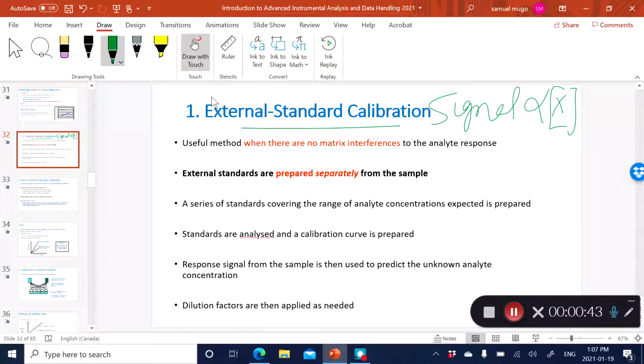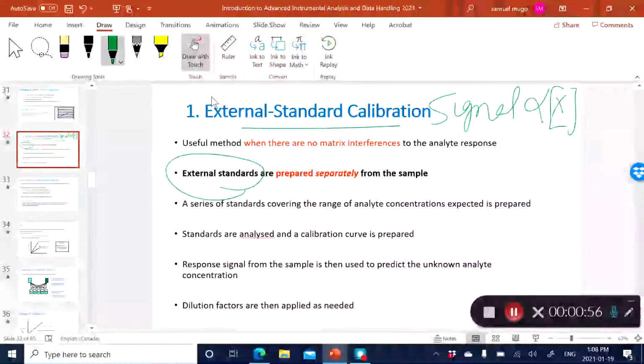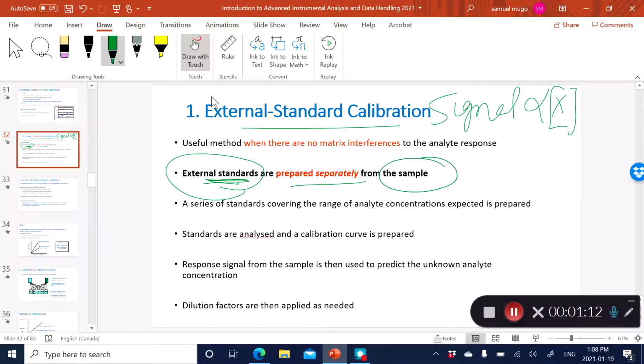Now the external calibration method is where you prepare the standards, and of course you're preparing them with very known concentrations, so you're very accurately determining the concentration of the standards. I hope it's clear, standards have got known concentrations of the analytes, and then you're analyzing them using the instrument separately from the unknown, which is the sample.